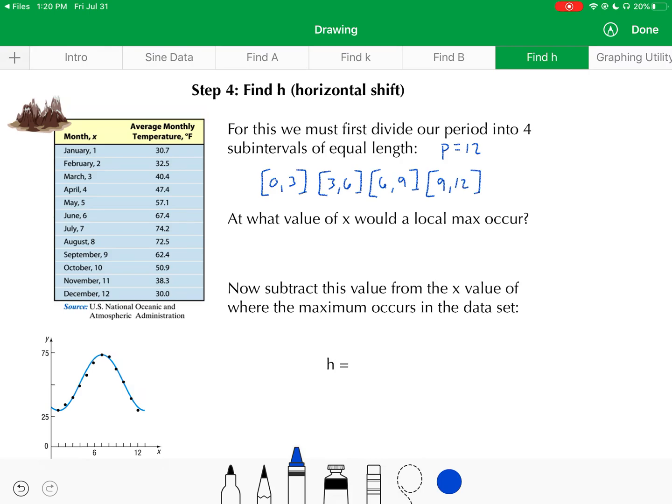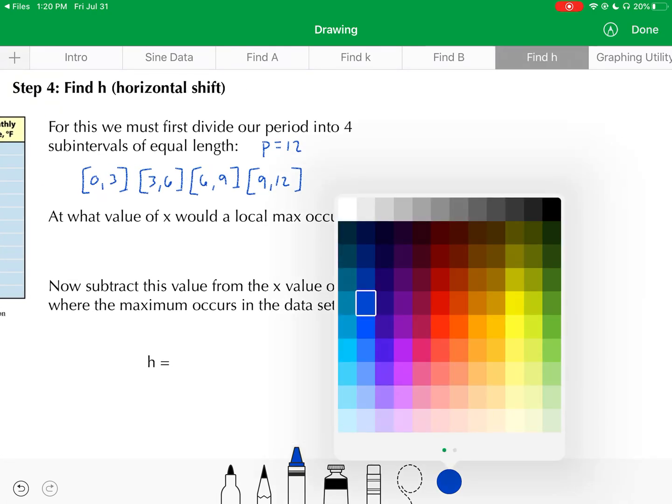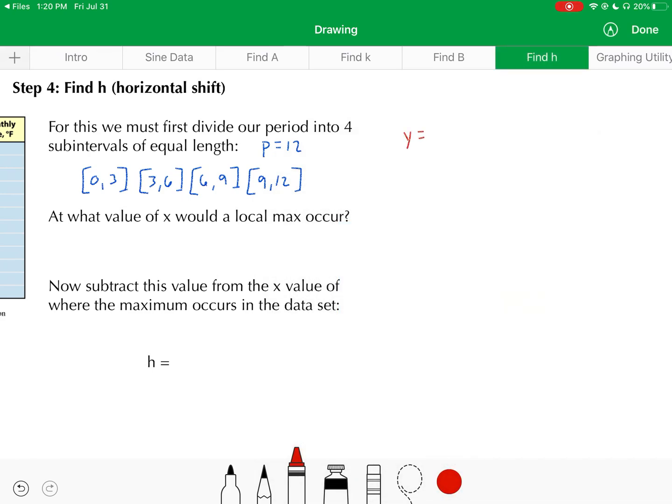Okay. And think about what the sine function would look like if all you did was change its period to being 12 and you didn't do any other transformations on it. So that equation would be y equals the sine of pi over 6 times x if the period's 12.